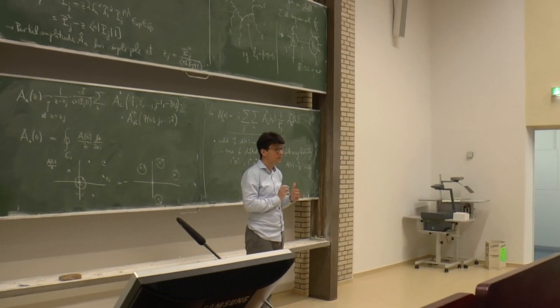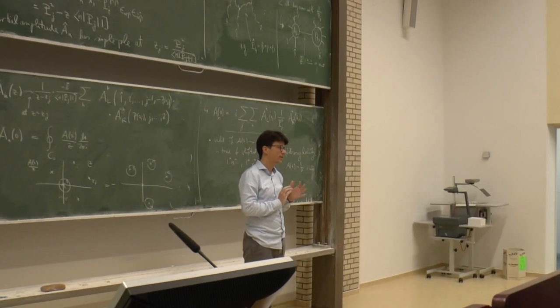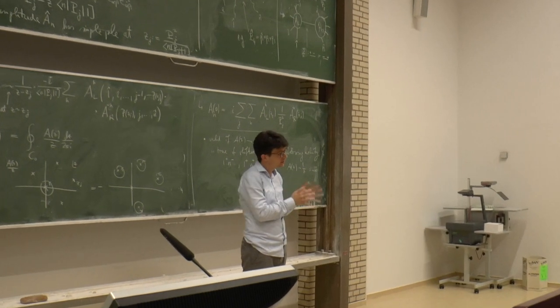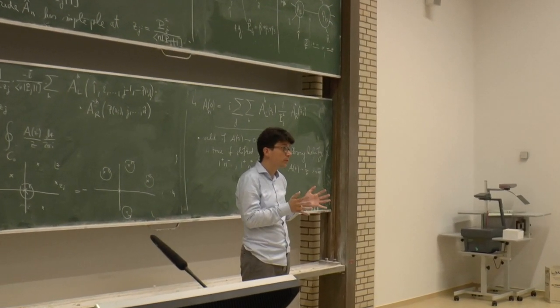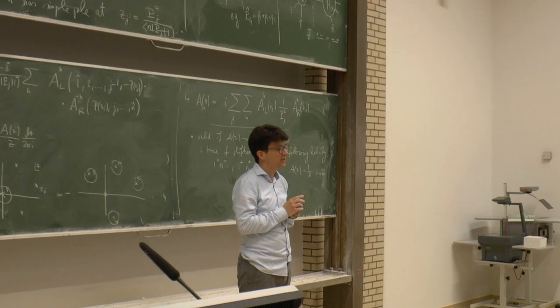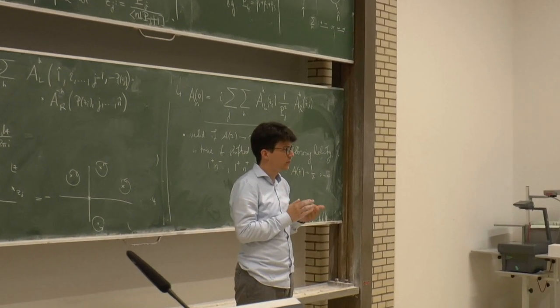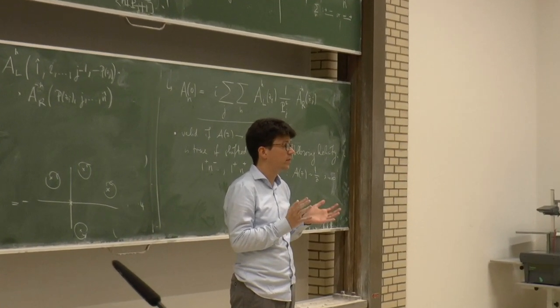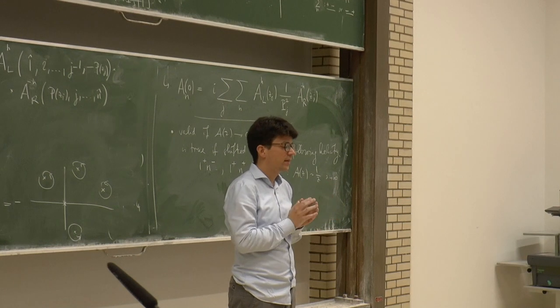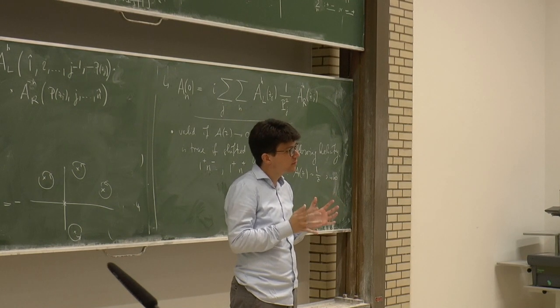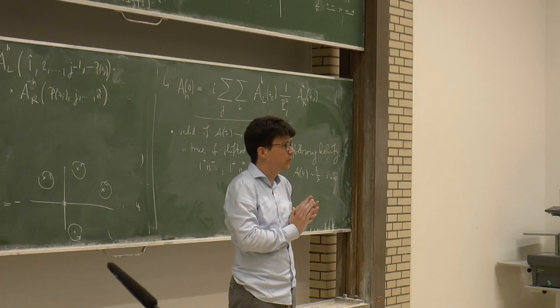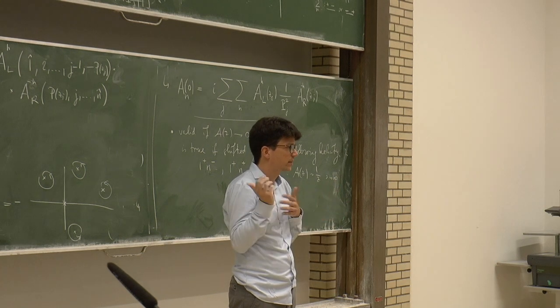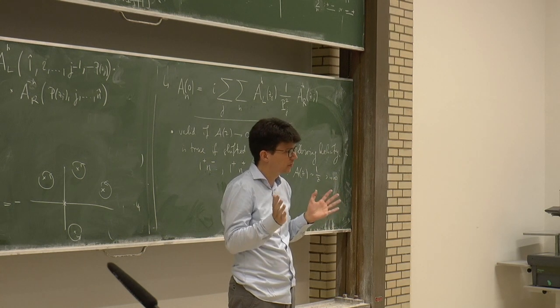These ideas are very useful also at loop level. So far they have been implemented in a specific context at loop level, but a very important one: planar N=4 super Yang-Mills theory, where it has allowed us to obtain loop-level integrands at a spectacular loop level, which would be completely unthinkable using normal techniques.